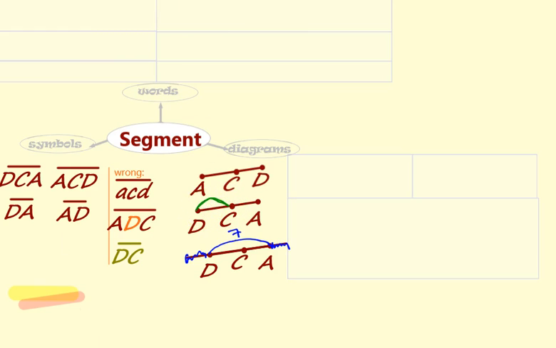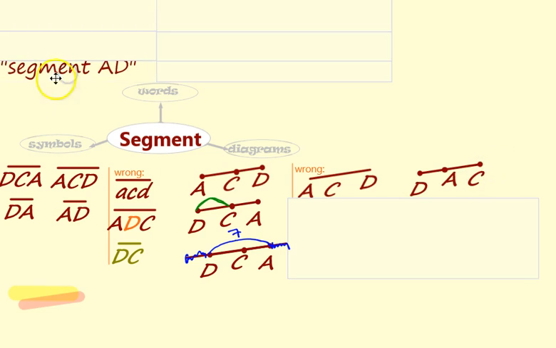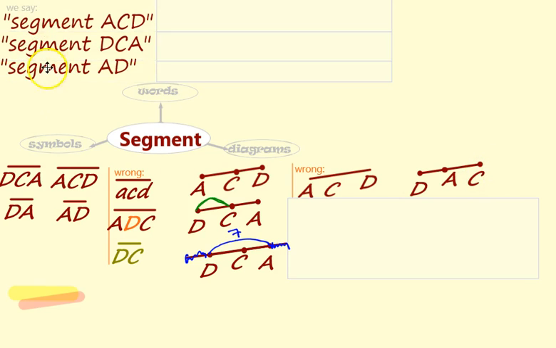Okay, so what kind of diagrams would be incorrect? Well, if you don't have dots, if you have letters out of order in comparison with the name of that segment, or if you have lowercase letters, even if a couple of them are lowercase, that still is considered to be incorrect.